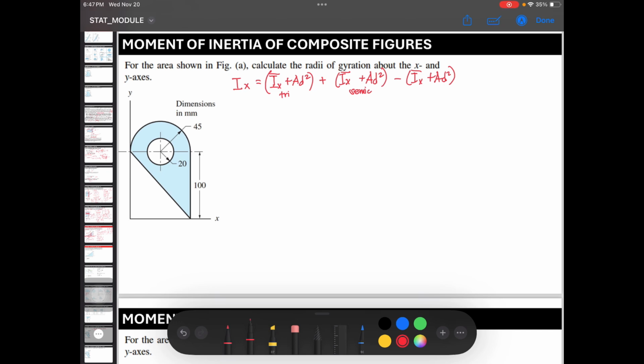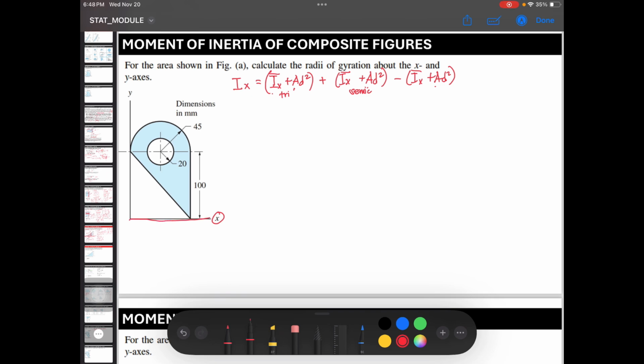From the table ng mga basic shapes natin, makukuha na natin mga Ix bar ng tatlong shapes, di ba? And of course, alam na natin mga area nila. And then, paano yung D? How do we get D? Yung D, kinukuha yan with reference sa axis na ina-evaluate, which is yung x-axis.